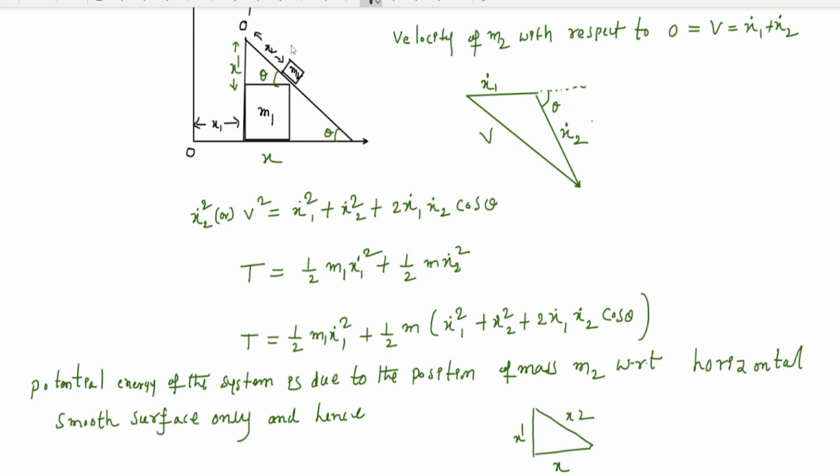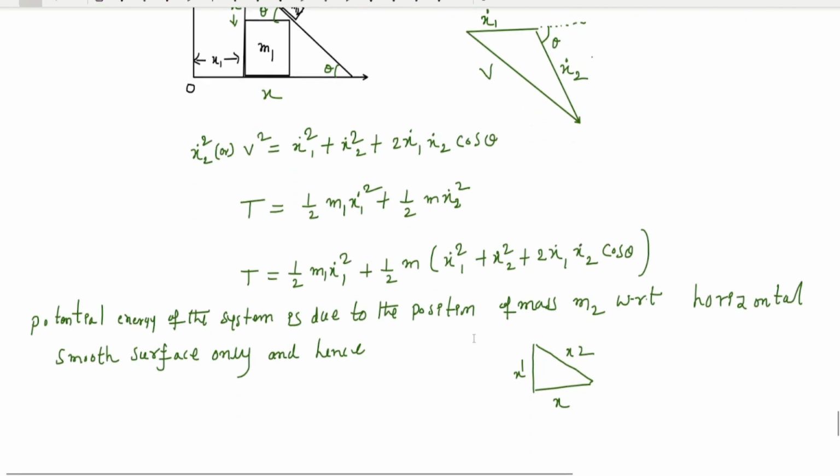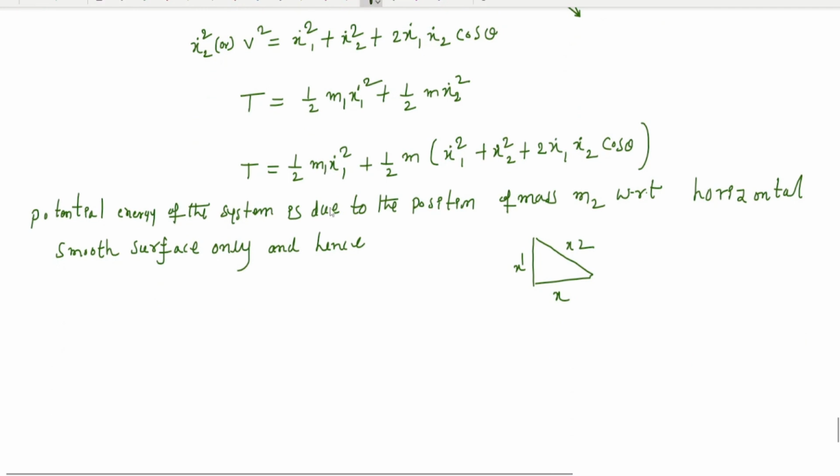Now we are going to find one important piece of information here. What is the sine theta value here? This is our theta. Sine theta equals x prime divided by the hypotenuse x2.